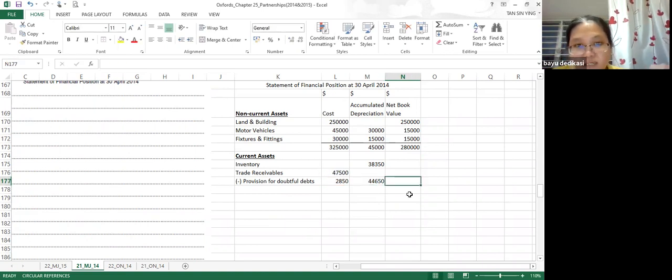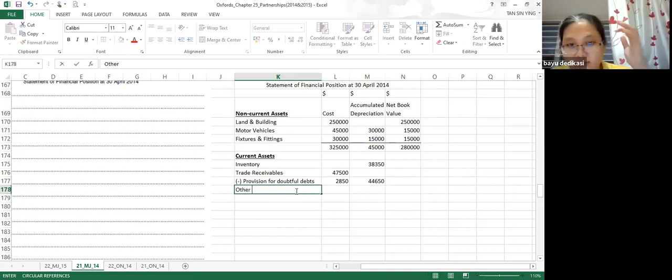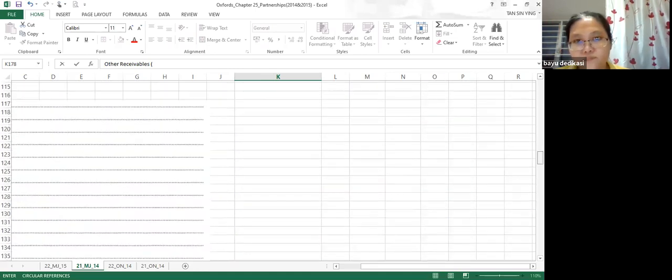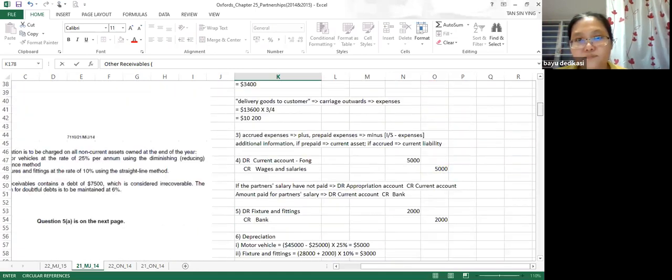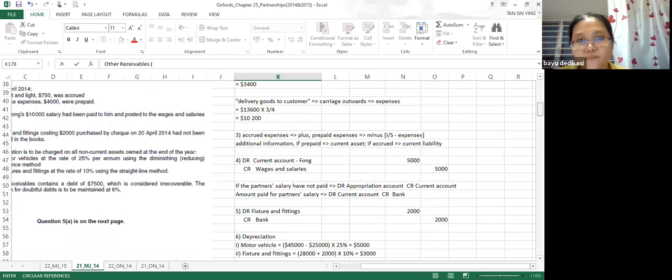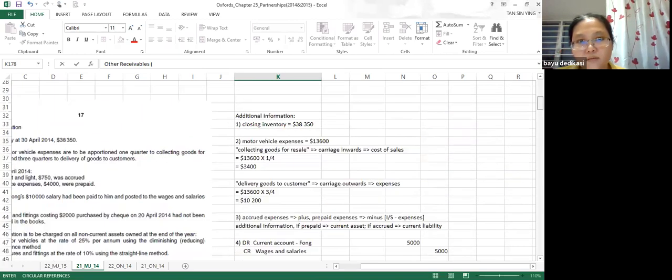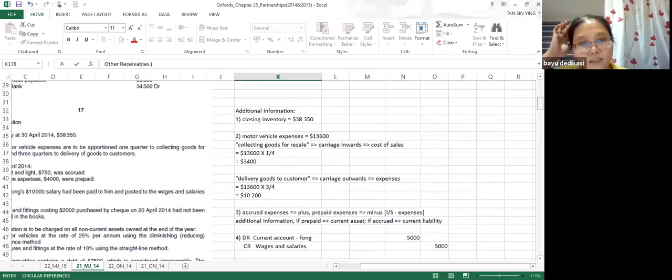Not yet finished. You still got other receivable. Your other receivable, go to the additional information on top. Go up a bit. You saw that number 3 information, prepaid amount.